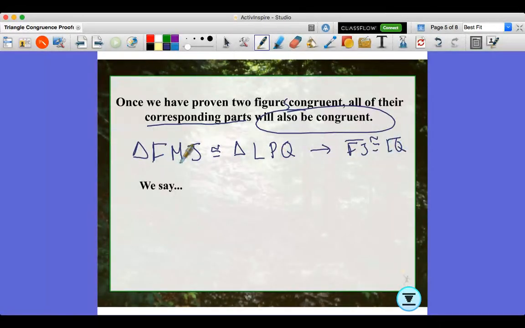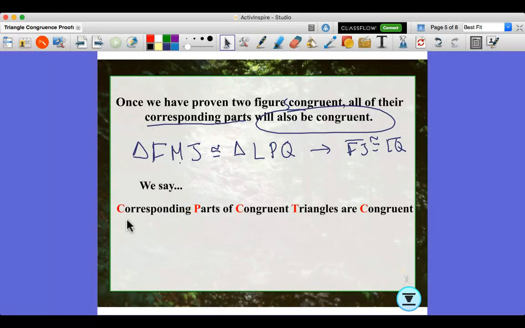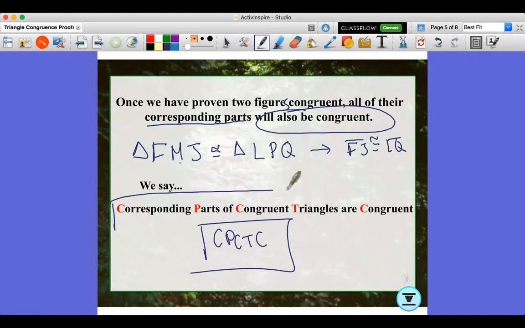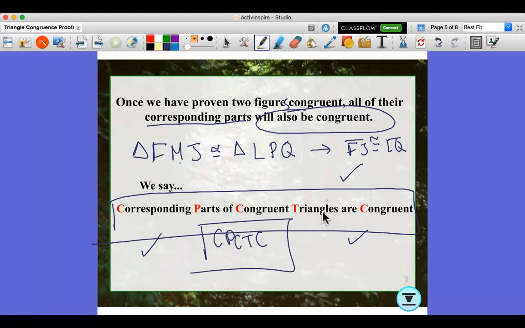We can just look at corresponding parts. That is what's true, right? So we can say that corresponding parts of congruent triangles are congruent. CPCTC. So the order of these letters matters. You can't switch them up. If you need to work through this by writing it out, go for it. Corresponding parts of congruent triangles are congruent. Just keep saying it. Go tell your friends.